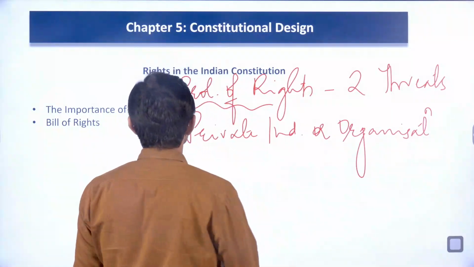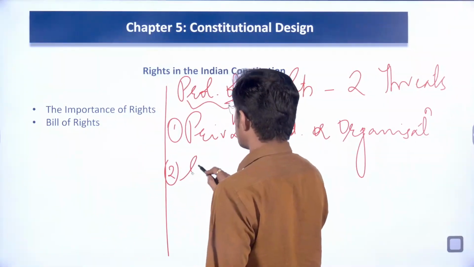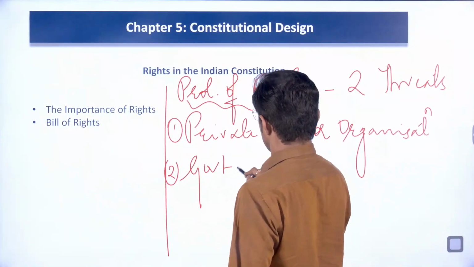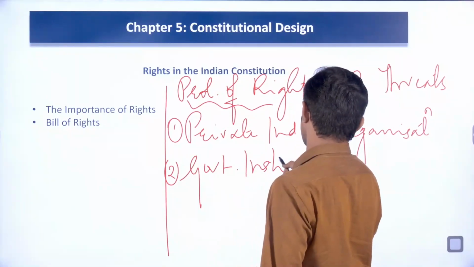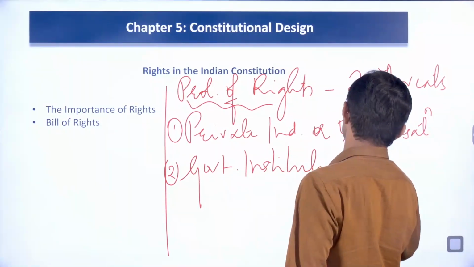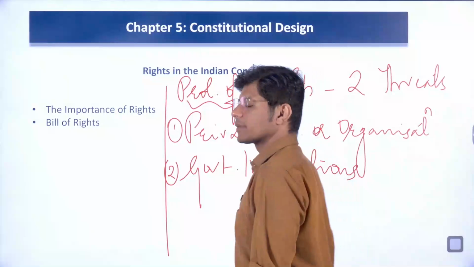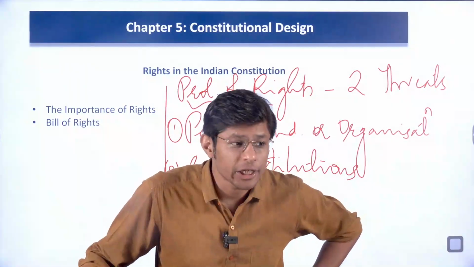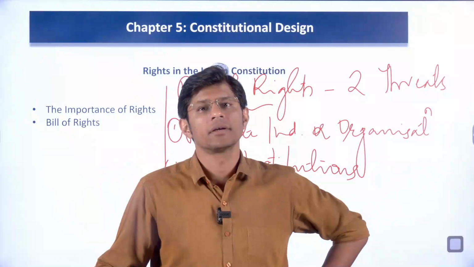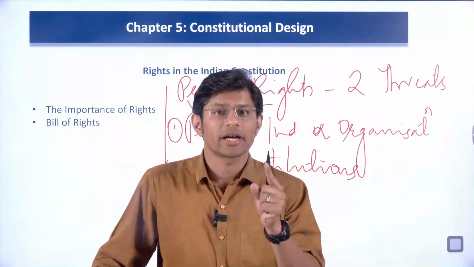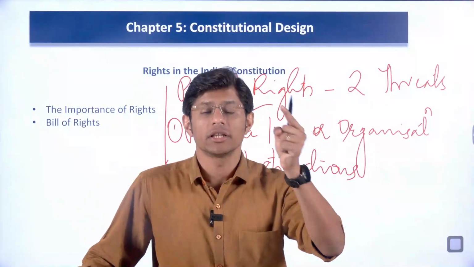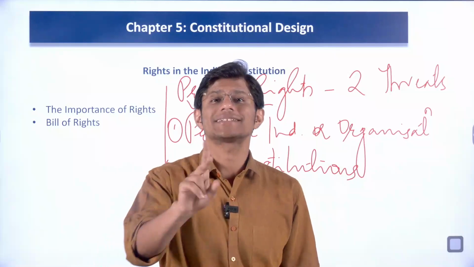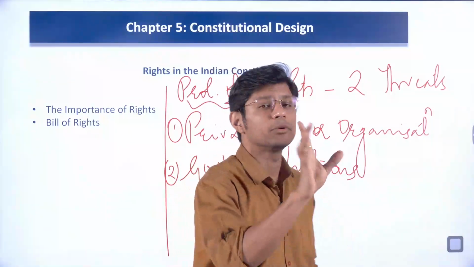The second one is the government institutions, which means the legislature, the executive, the bureaucracy. So if they violate your rights, you can approach the judiciary. The Constitution ensures checks and balances to prevent the abuse of power.